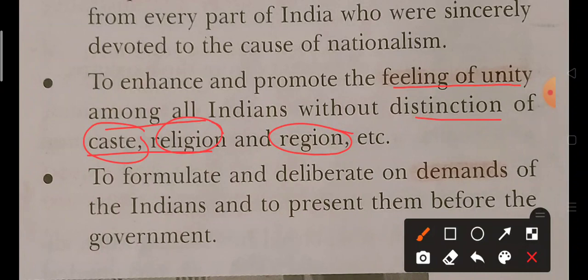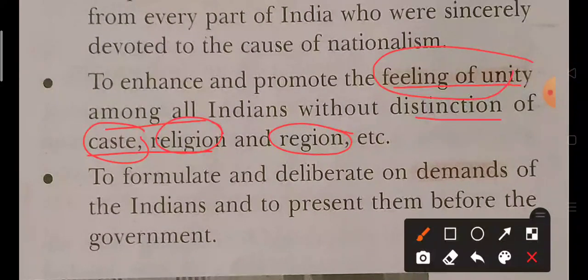Caste and religion are still trending at present, but they were most dominant in the 19th century. So the Congress was trying to build a feeling of unity.